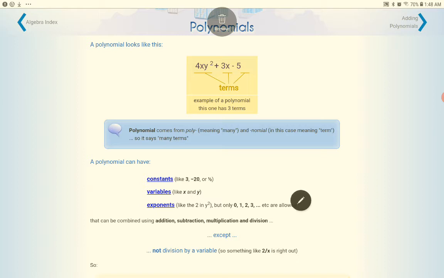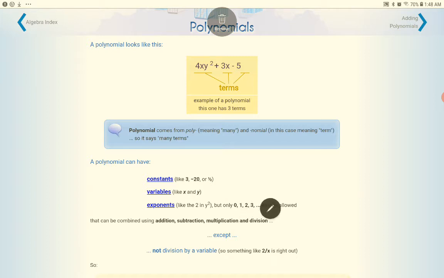One really cool thing about polynomials, if I add them or subtract them or multiply them together, then I end up getting another polynomial. So it's closed under these operations. If I add 2 polynomials together, I get a third polynomial. If I multiply 2 polynomials together, I get a third polynomial.